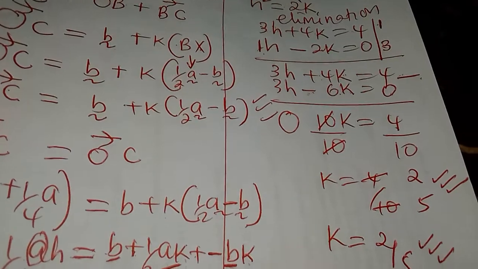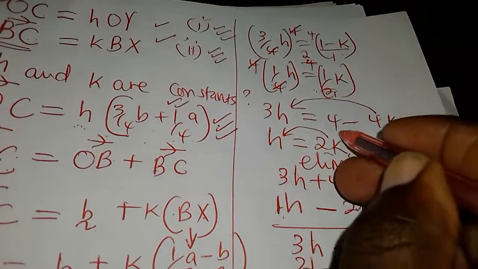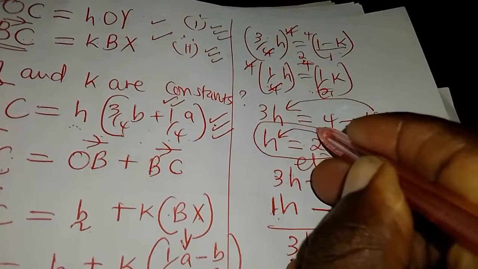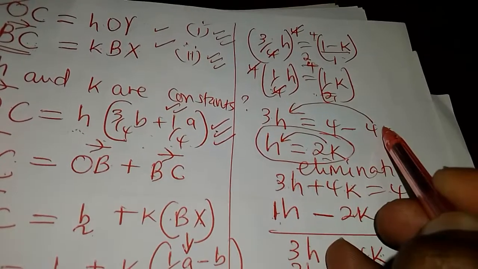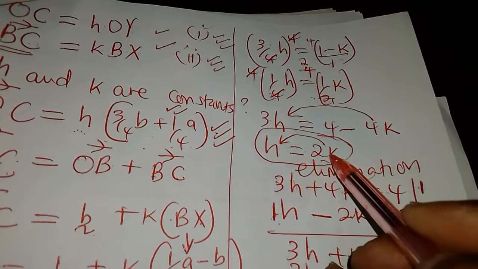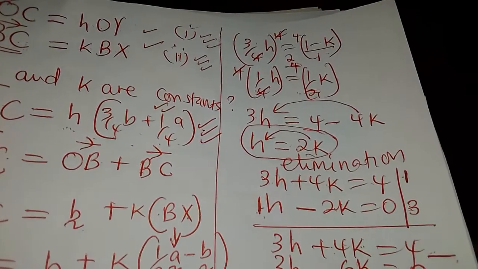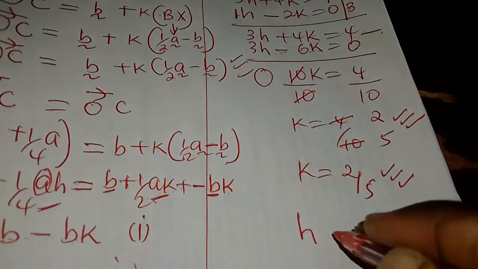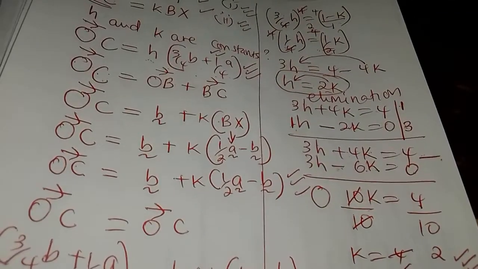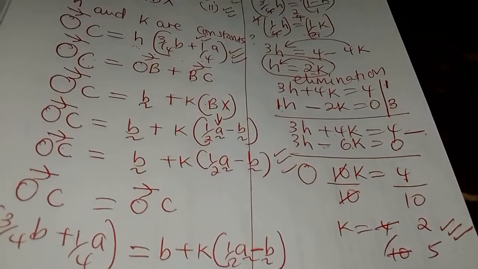But now I have to get the value of h. I can come back to these equations. Look at this. I had said h is equals to 2k. You can use any of these, any of them can give you the answer. You can either use the first one or the second. So let's just use the second one.